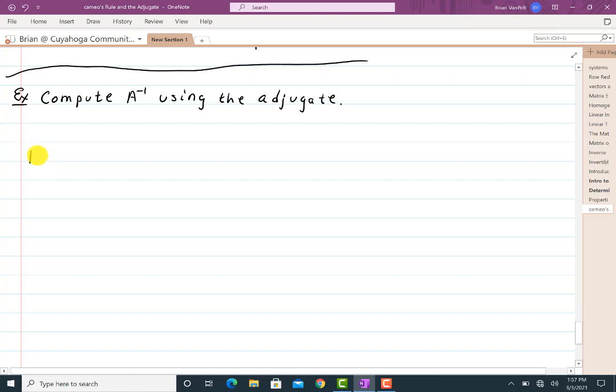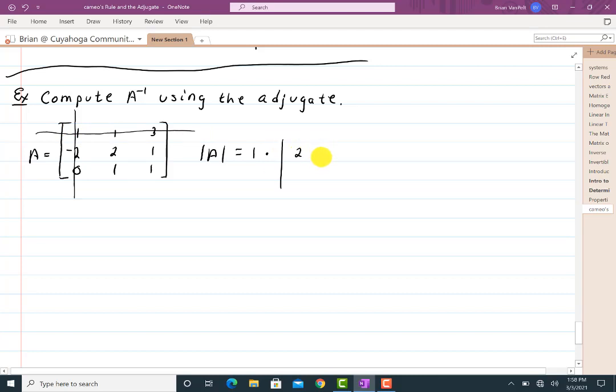And let's see what we have for A equals, I have 1, negative 2, 0, 1, 2, 1, 3, 1, 1. And first, before I do anything else, I need to get the determinant of A. So for that, I am going to expand along the first column. So I'll have 1 times what matrix? Let me cancel that row and that column.